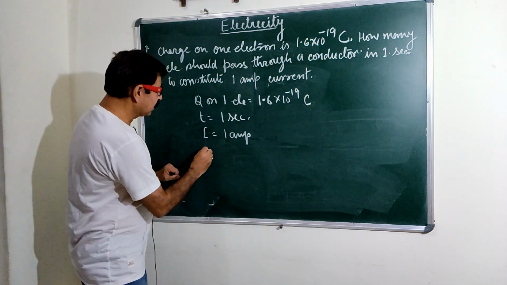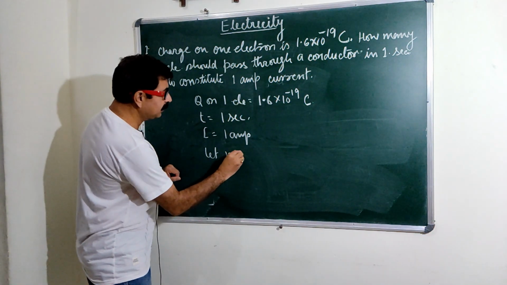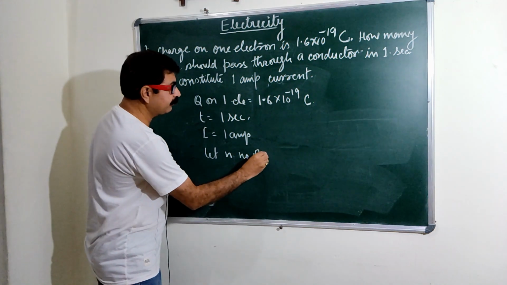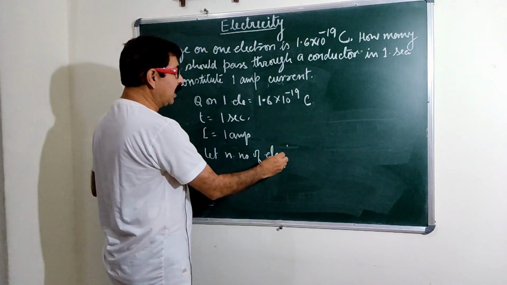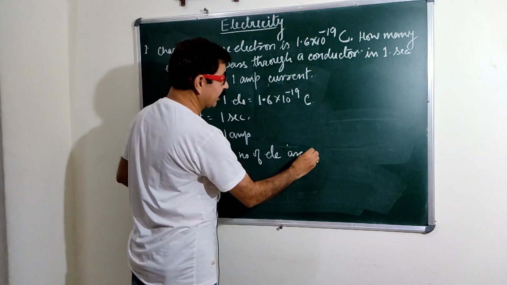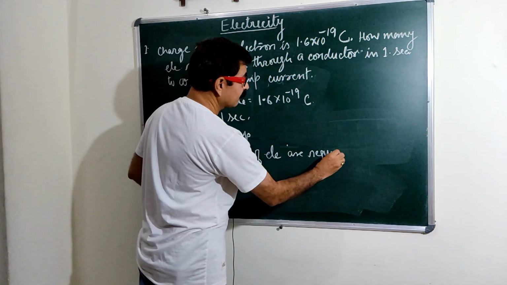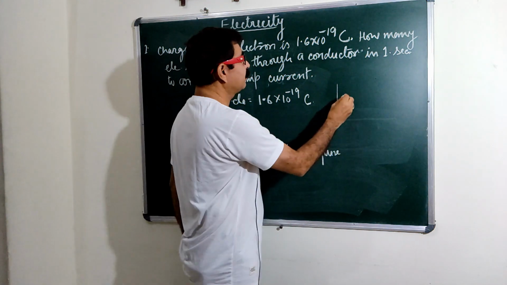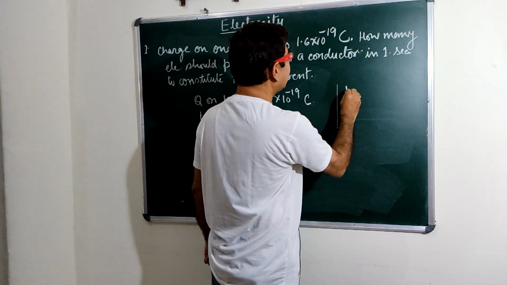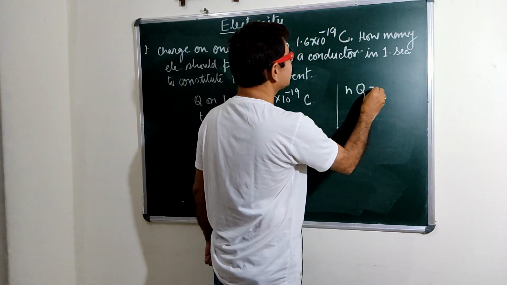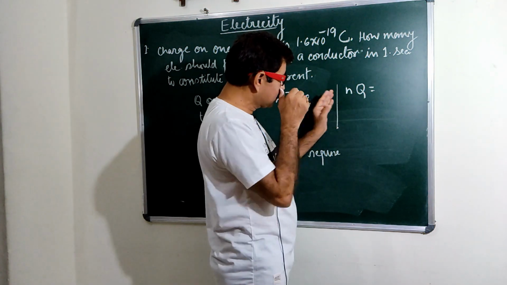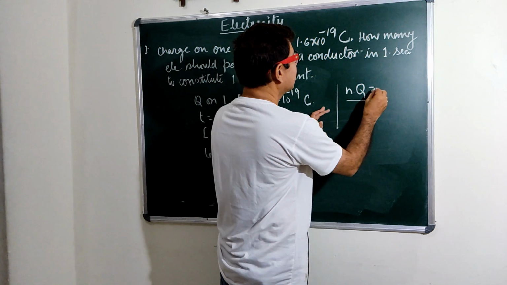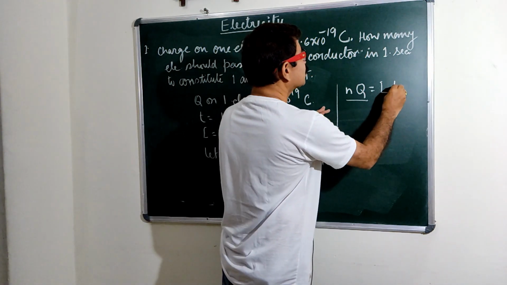Let n number of electrons be required. So we will write n into Q, where Q is the charge on one electron and n is the number of electrons. This is the total charge, and the formula is Q is equals to IT.